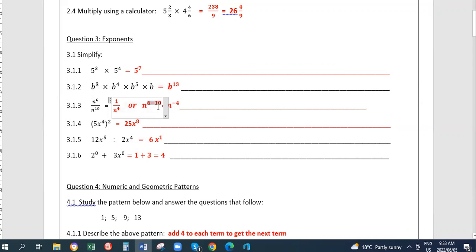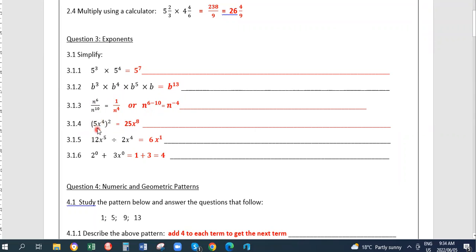We're subtracting because we're dividing. So that is how you could do it, or you can use this method here. Remember, a negative exponent, to keep it positive, this at the top, we write it at the bottom. And we'll do more about that on another day.